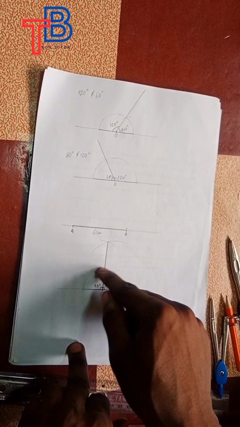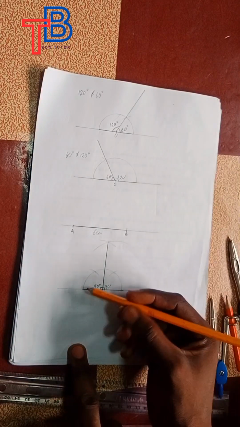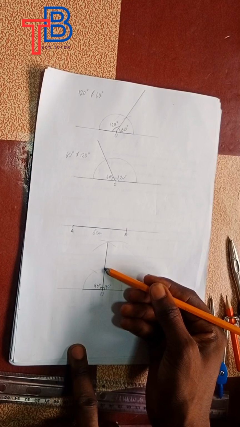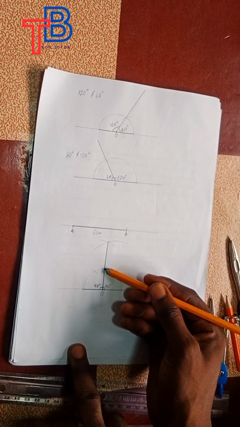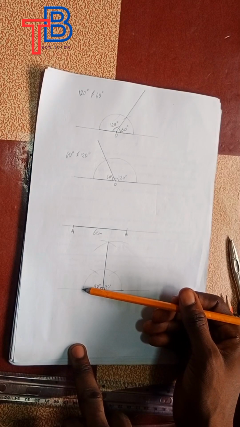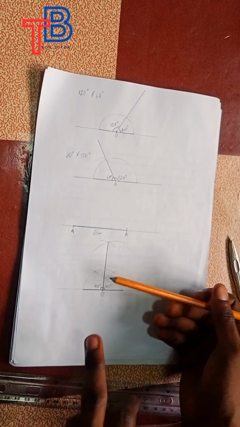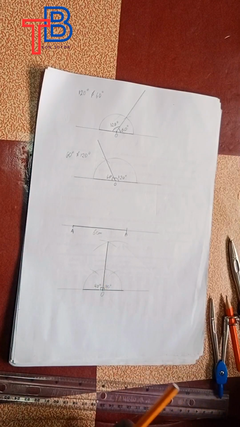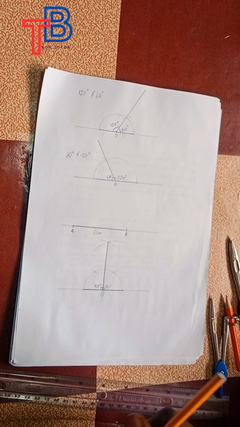Although I already have my arc, the one that starts from here and joins at this place, you can easily just draw a new one if you do not have it before, but in this video I have it already.